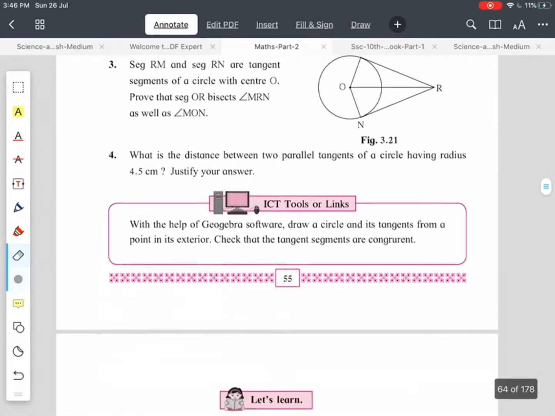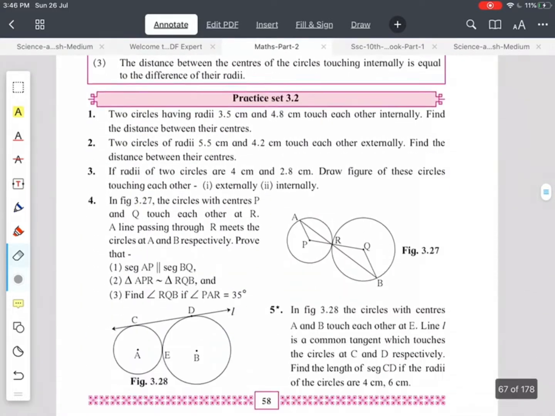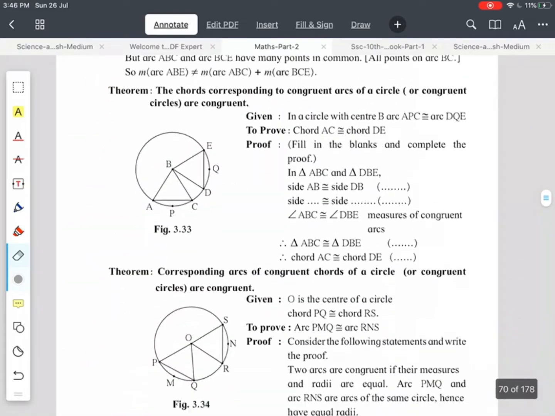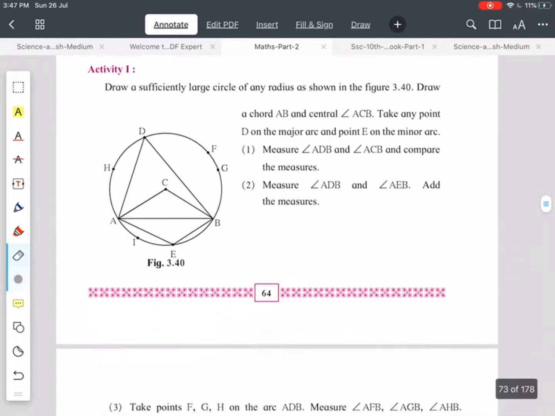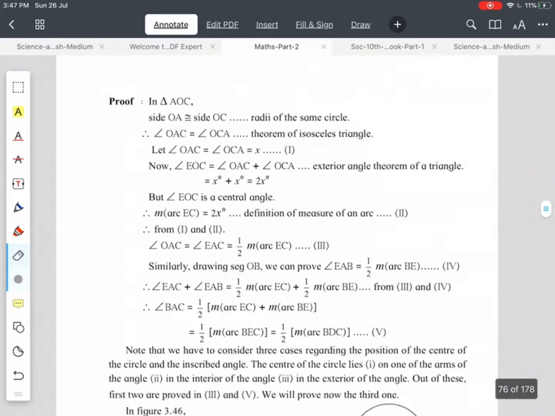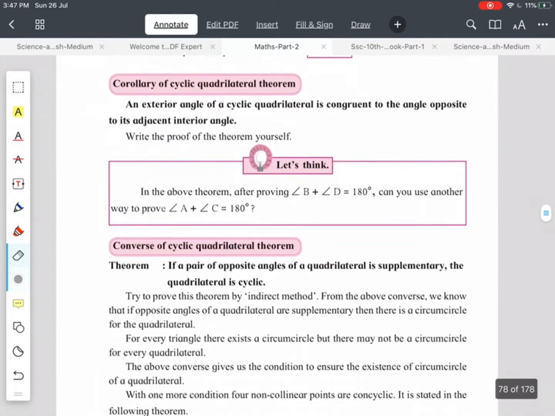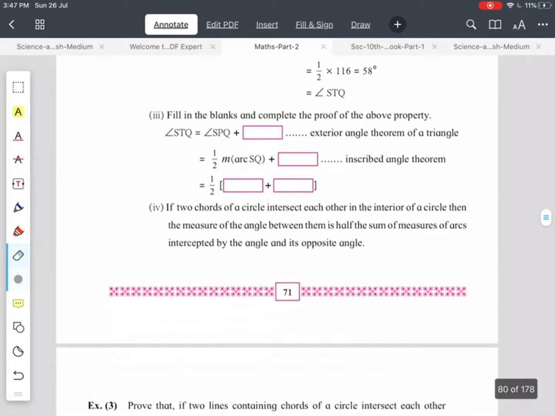There is no change. Majority of the pages have no change. Here the cyclic quadrilateral important theorem is there, with no change in the syllabus.